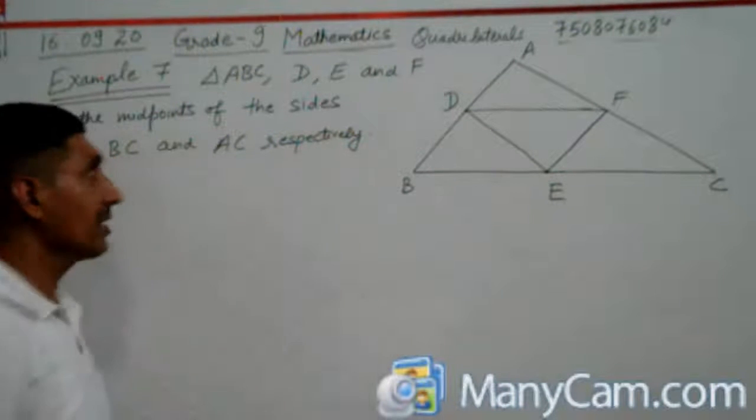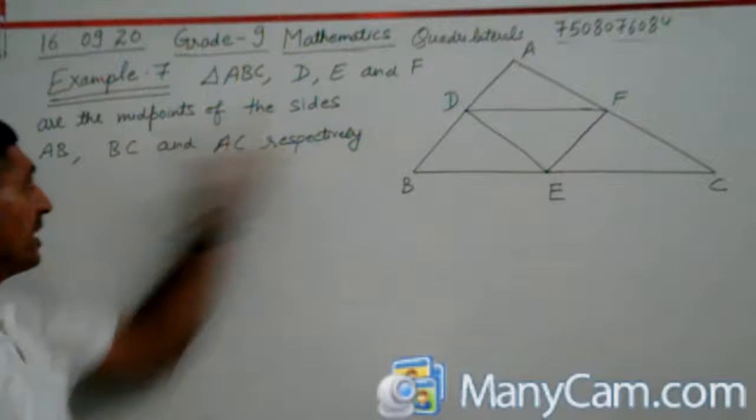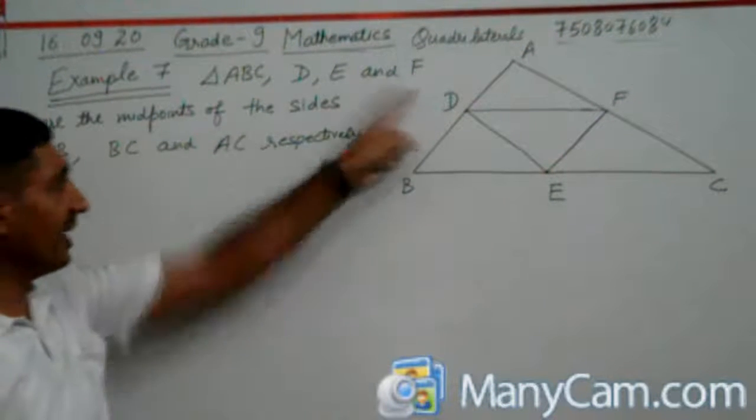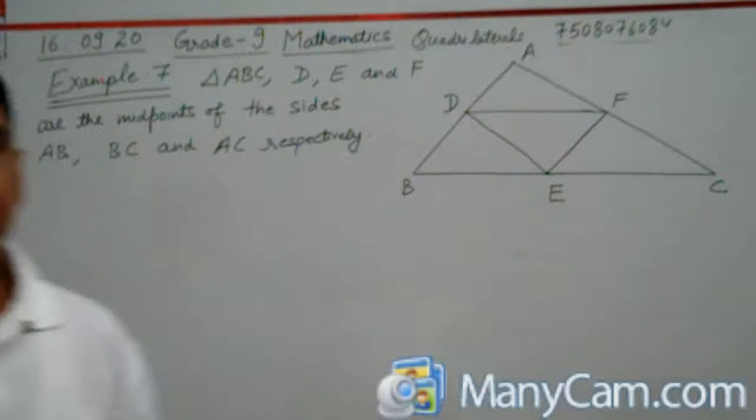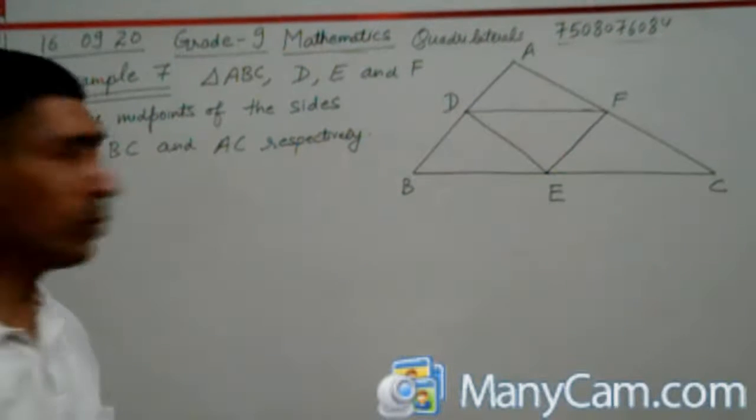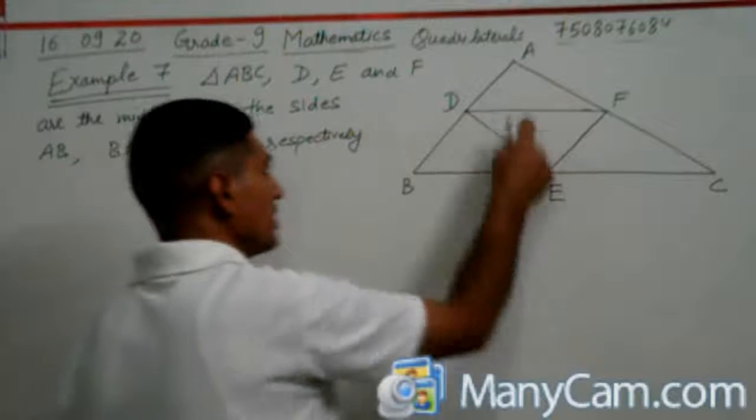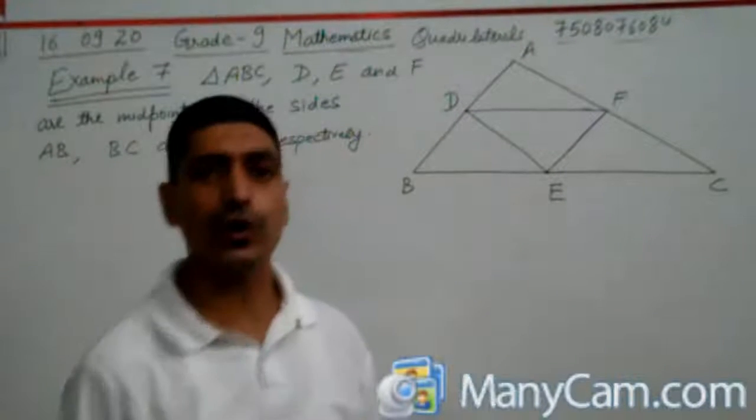Respectively means D is the midpoint of AB, E is of BC and F is the midpoint of AC. Now what do we want to prove? We want to prove these four triangles are congruent to each other.